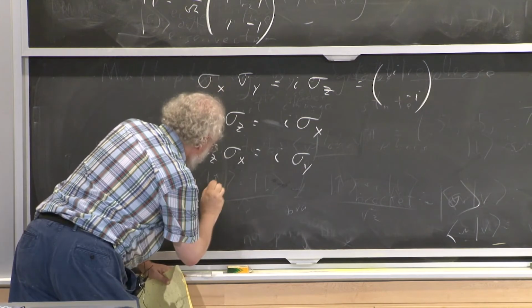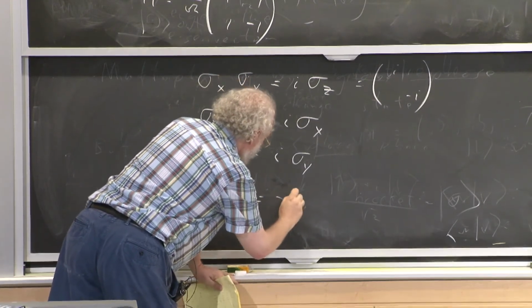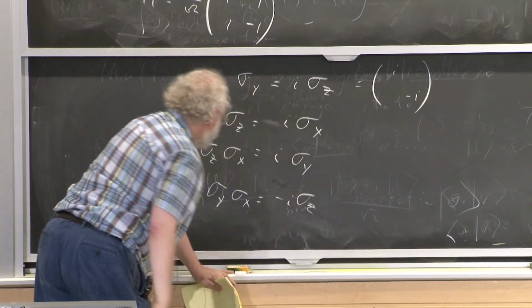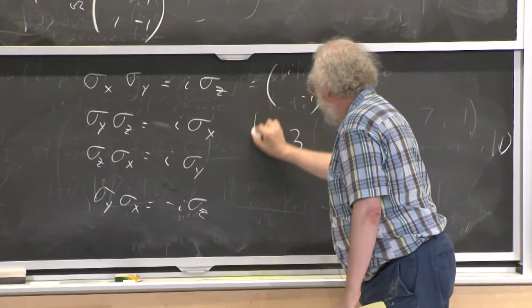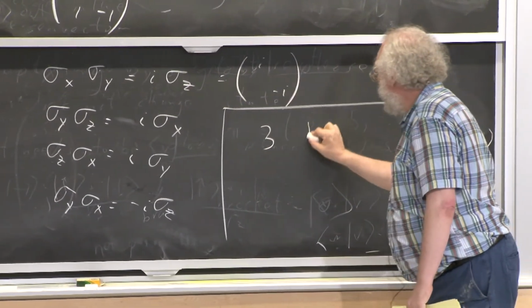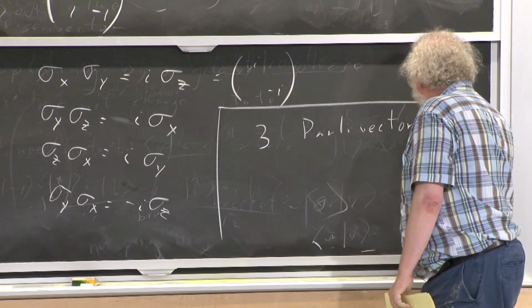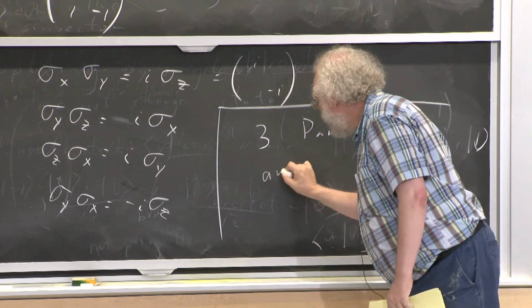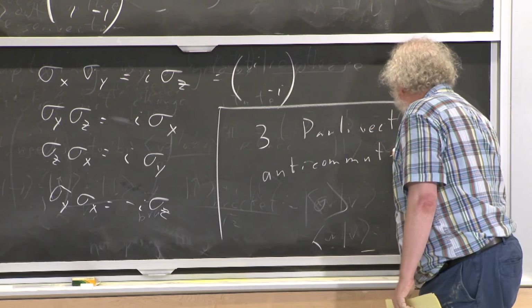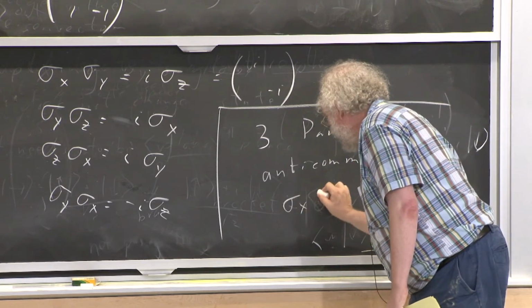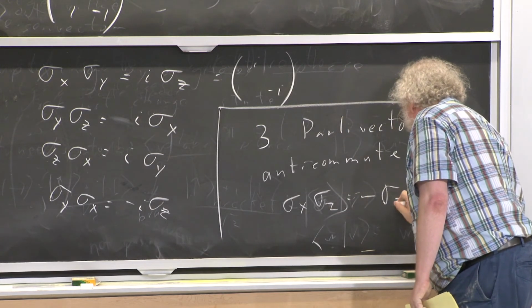And then sigma y sigma x equals minus i sigma z. So an important thing is the three Pauli matrices anti-commute in pairs. Sigma x sigma z equals minus sigma z sigma x.